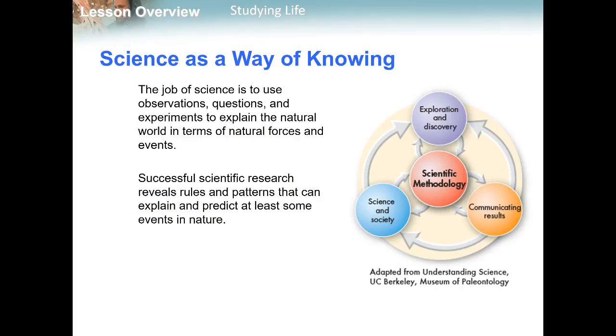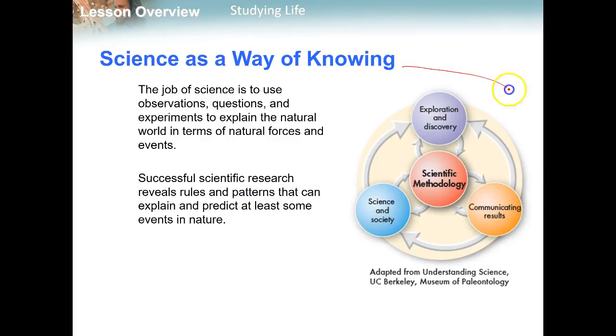So when we look at science, science is a way of knowing. The job of science uses observations, questions, experiments to explain the natural world and the natural forces. When you have successful scientific research, it reveals the rules and patterns that can explain and predict at least some of the events in nature.